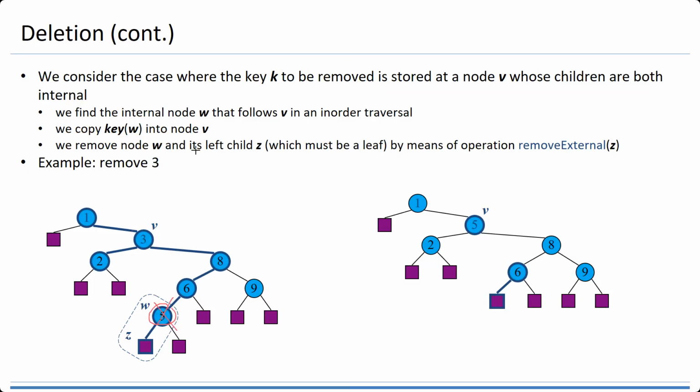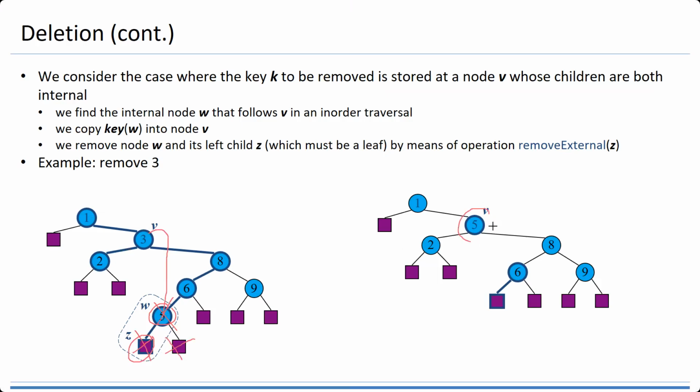And then the left child here is the node. We also remove it by means of the operation remove external. So we remove the external node.